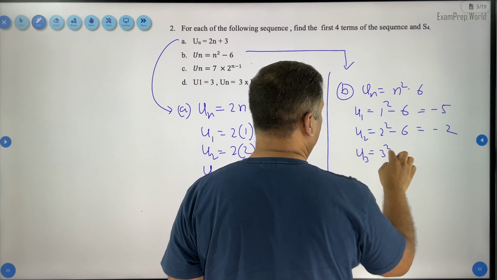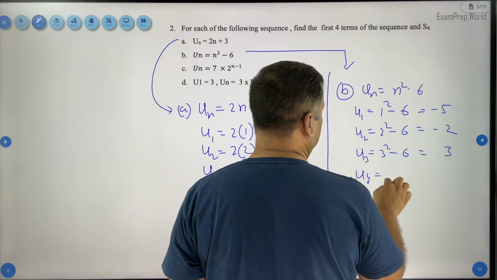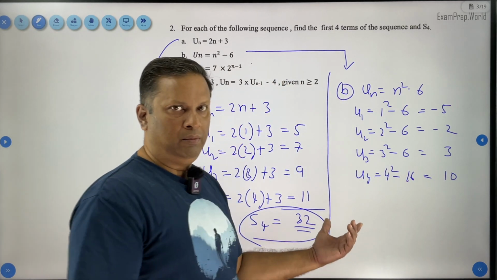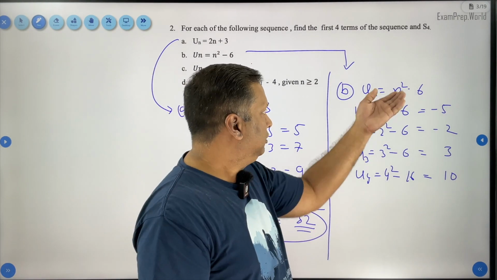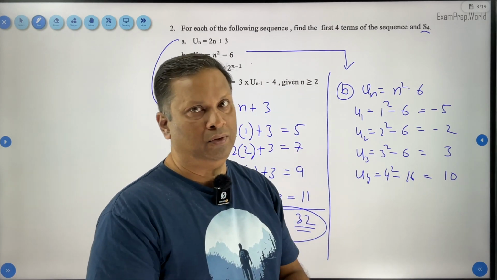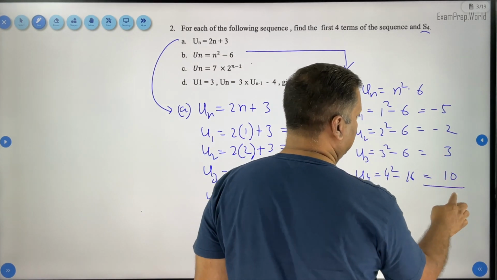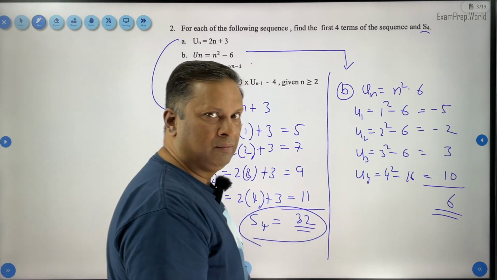U3 is 3 square minus 6, which is 3. U4 is 4 square minus 6, which is 10. Am I right? Now you just have to add all these terms because they are asking you to find the sum of the first 4 terms. Add them. 10 plus 3, 13, and minus 7 is 6.